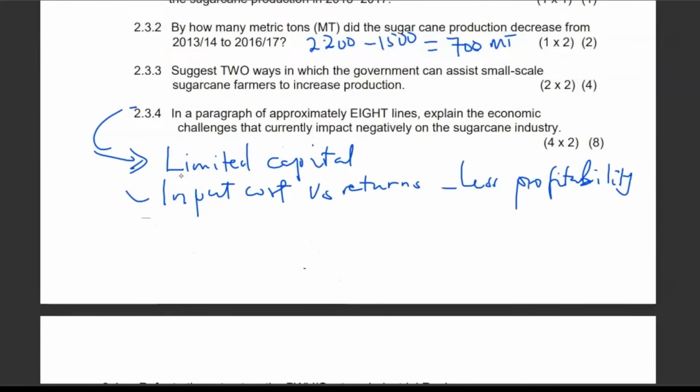Inputs like seed, pesticides, herbicides, and labor costs are high. And when compared to the output produced, when the farmer is now selling, ultimately the profitability is declining or diminishing, which is a demotivating factor to the farmer. It's a challenge which is economic in nature. Then we can also look at insufficient protection.